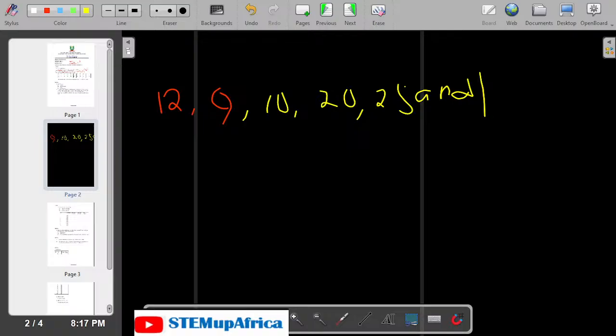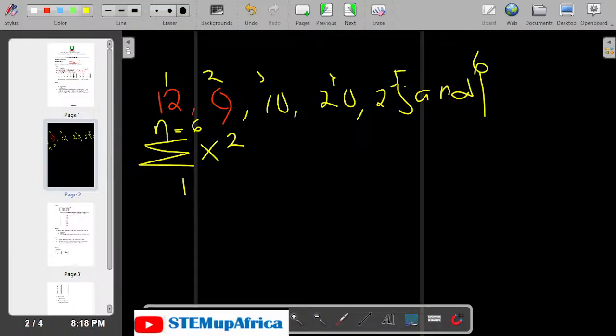So the sum of the squares becomes summation x squared. You can put n equals 6, meaning we have 6 digits: 1, 2, 3, 4, 5, and 6. Then i equals 1. Although it's not compulsory, you can just write it as summation x squared.